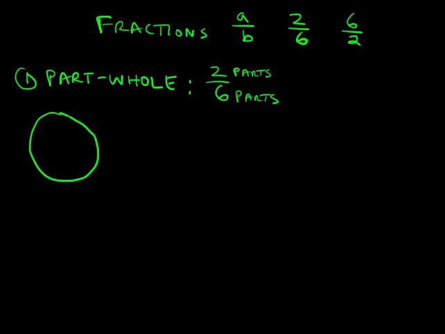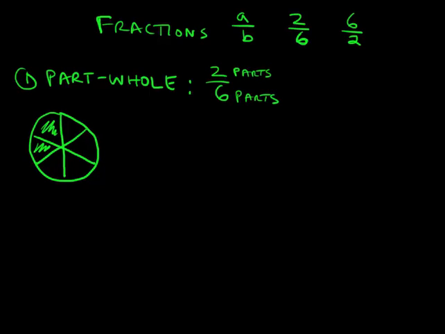So here's our whole pizza. We can divide this whole pizza into 6 parts, 1, 2, 3, 4, 5, 6. We can shade 2 of them, and this is representing 2 out of these whole 6. So 2/6 is 2 parts out of 6.